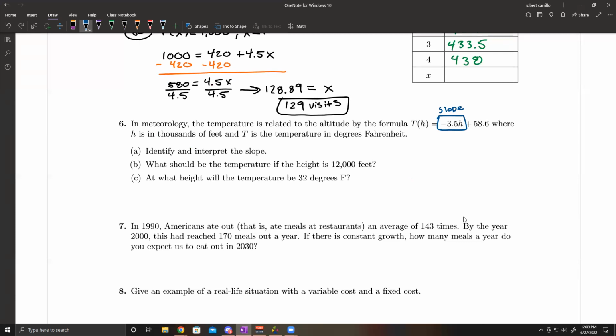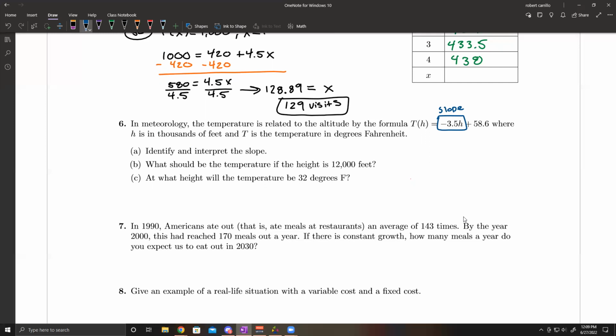And what it represents in this problem is, reading it over again, temperature is related to altitude by the formula where H is in thousands of feet and T is the temperature in degrees Fahrenheit. Since this slope is negative, the higher you go in feet, the more the temperature is going to decrease.